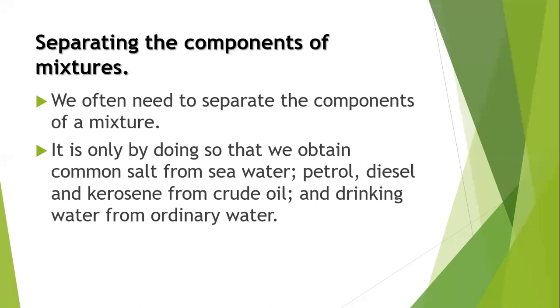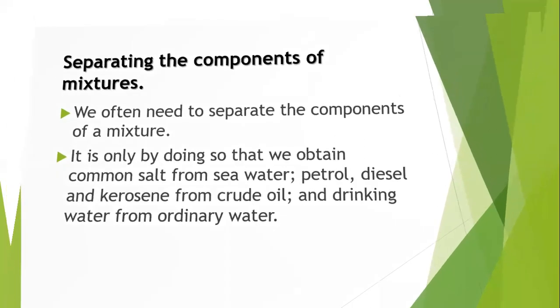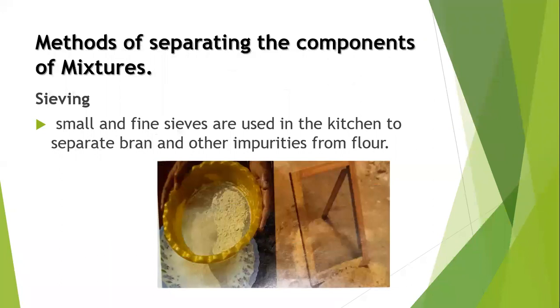From a mixture of salt and sand, you can obtain salt by dissolving it in water, as you know sand is not soluble in water, and evaporating the solution to dryness. So now, there are different methods for separating the components of a mixture.